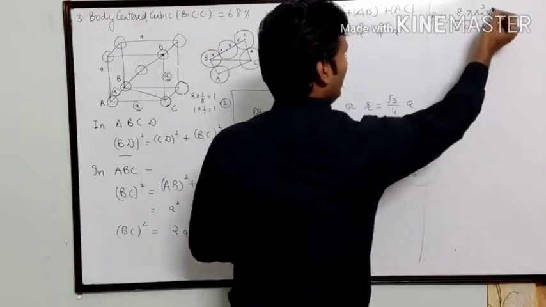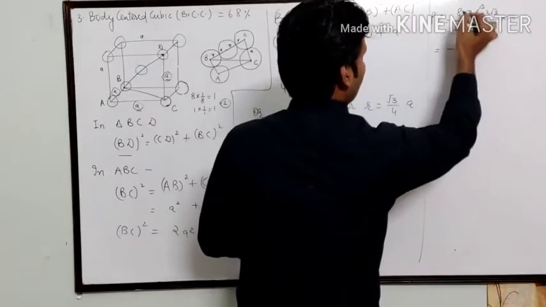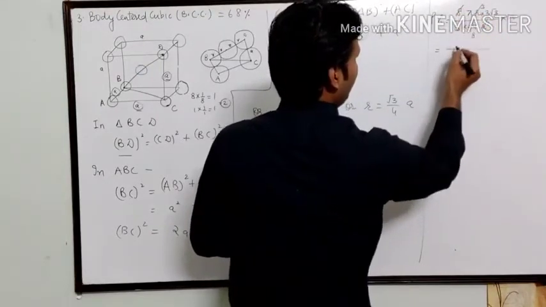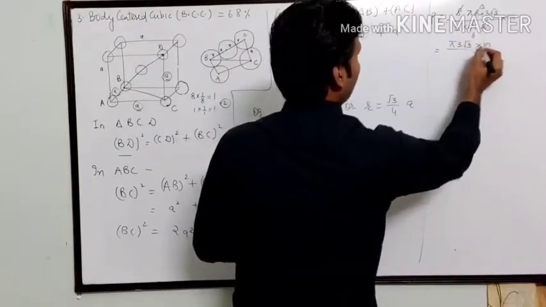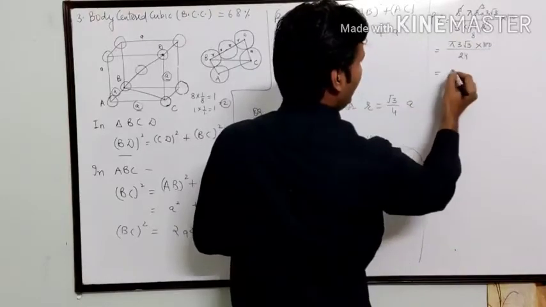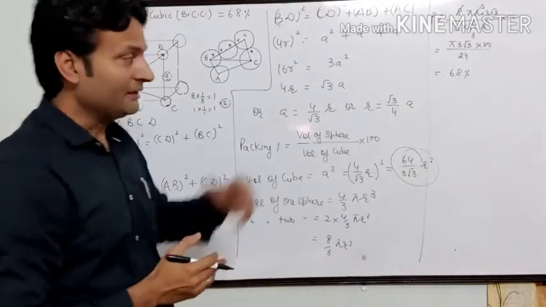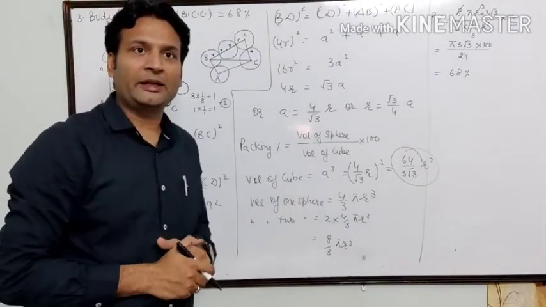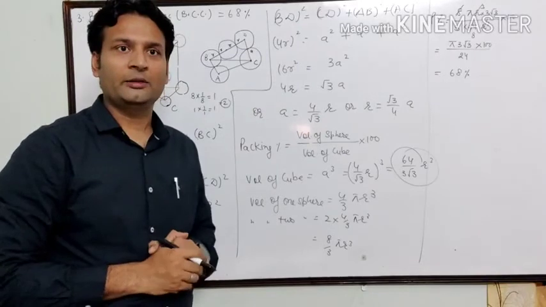Now cut those values which can be easily cut: R cube from R cube, and 64 by 8, that is 8. Now it is 8 pi upon 3 root 3 into 100 upon 24. If you solve this equation, you will get 68%. So it is clear, the packing percentage in BCC is 68%.